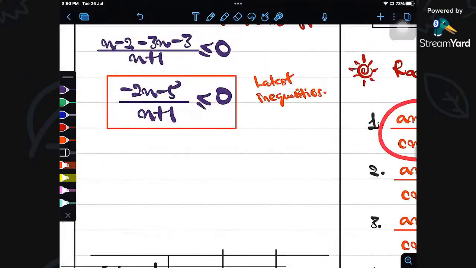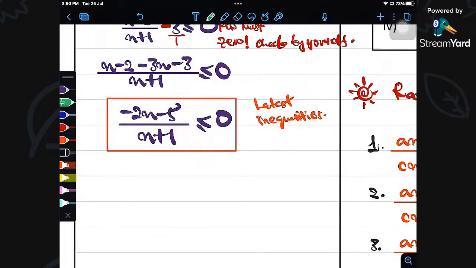So rational inequalities, cara menjawabnya ada sedikit lain dengan quadratic. It is just by making sure numerator dia equalkan dengan kosong, ataupun x tambah 1 equalkan dengan kosong. You cari dua jenis. You make sure dua-dua ni, numerator and denominator, is equal to 0.